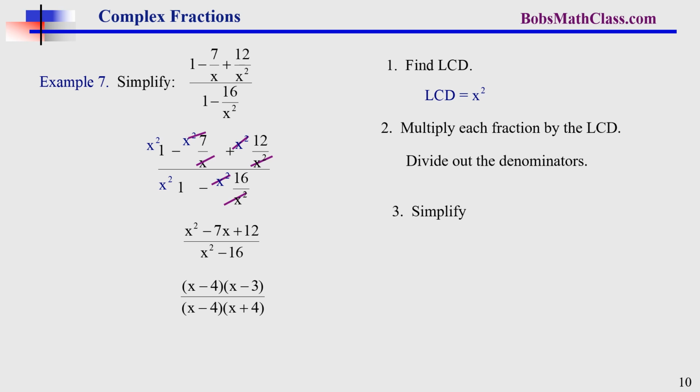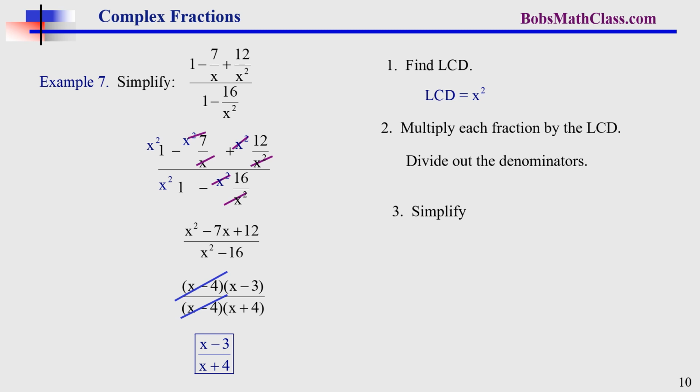And on the bottom, it's a difference of 2 squares. It's x minus 4 times x plus 4. Okay, I didn't really show any of the work there. You might want to pause it and work it out for yourself. Then we could cancel. The x minus 4's will cancel. And there's our answer. X minus 3 over x plus 4.